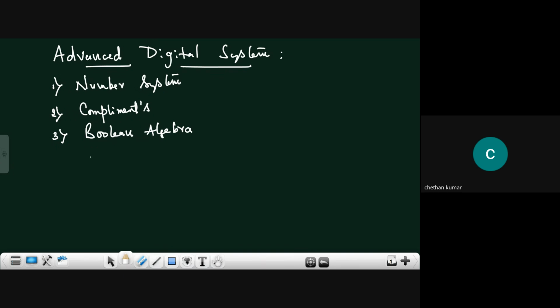After covering Boolean algebra, we will start developing logic circuits. Basically, logic circuits are of two types: combinational logic circuits and sequential logic circuits.